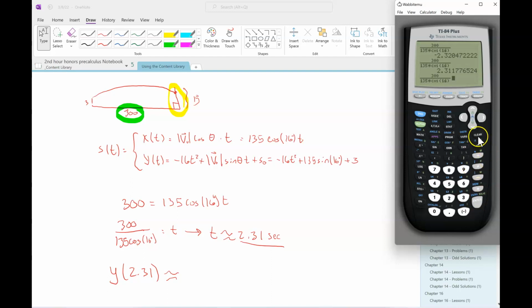Oh, interesting. I was hoping that would just do that for me. Well. So I get 3.51.